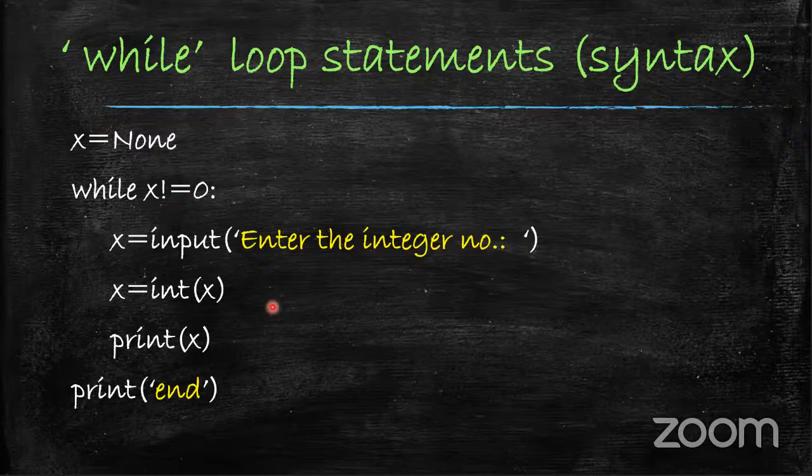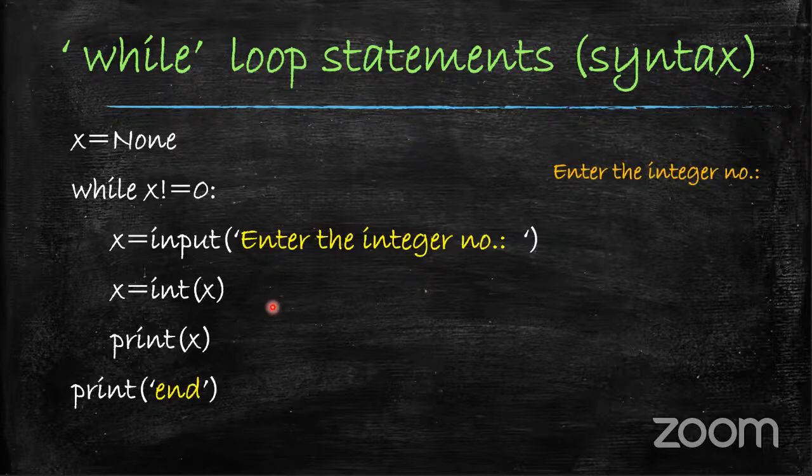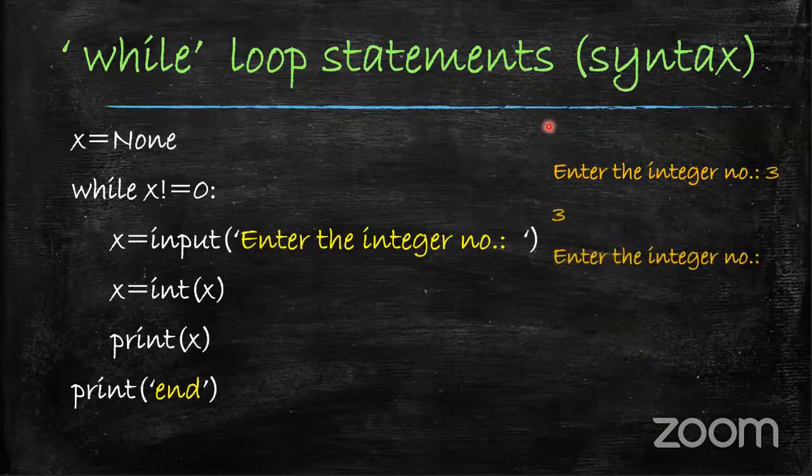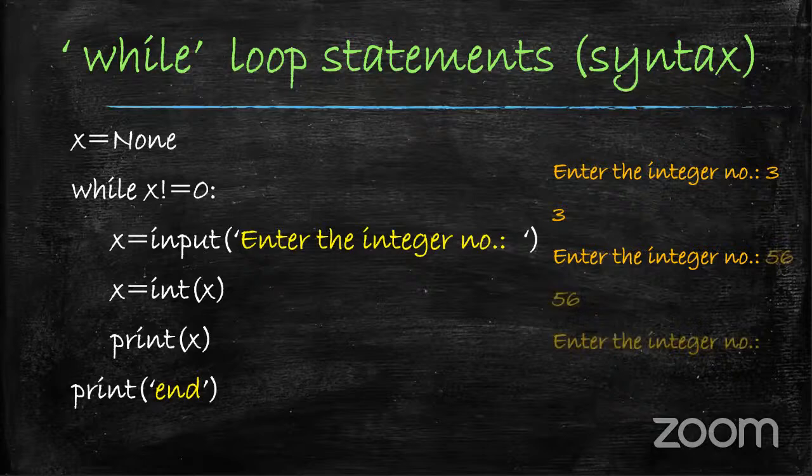Then let's look at how the output will look. As soon as you run this program, you can see the output on the right hand side of the screen. It says enter the integer number. We enter the value 3. It will print 3, and then again the statement will come, enter the integer number. It will ask for the next value. Suppose we enter 56, it will print 56.